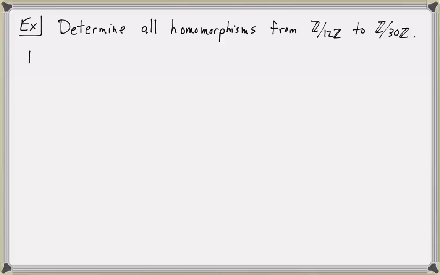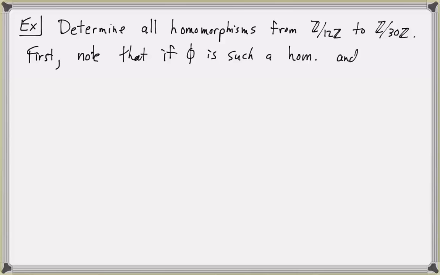So first, note that if phi is such a homomorphism, and let's assume that phi of 1 gets mapped to the integer n in the integers mod 30, then phi maps the integer x.